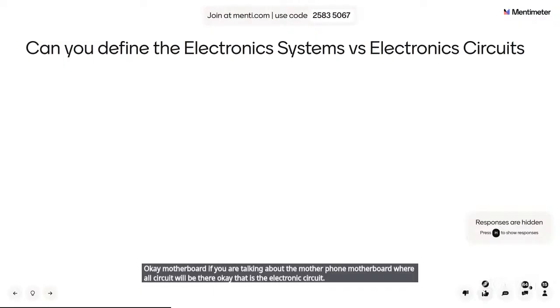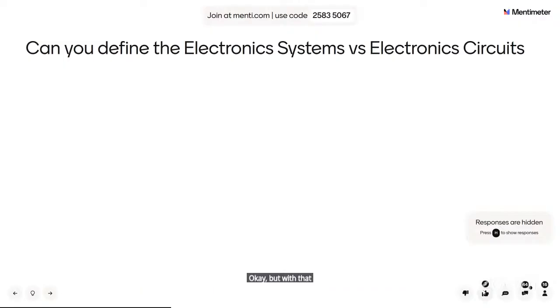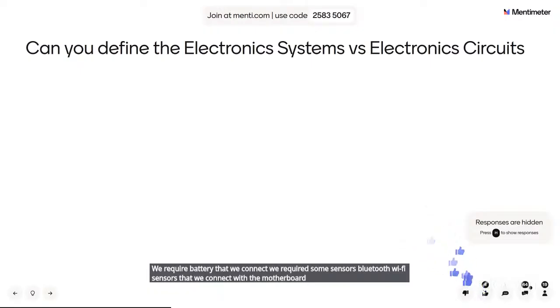But with that circuit we require a display unit that we connect. We require a battery that we connect. We require some sensors, Bluetooth, Wi-Fi sensors that we connect with the motherboard. So that combined mobile phone is the electronic system. The motherboard is the electronic circuit and the mobile phone is the electronic system.